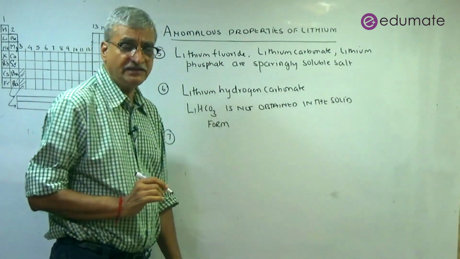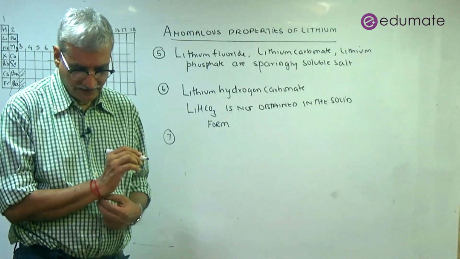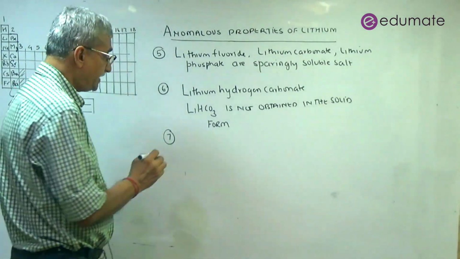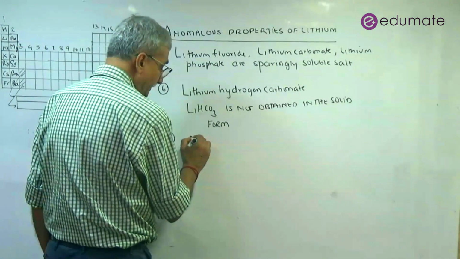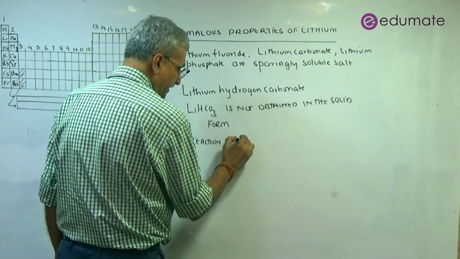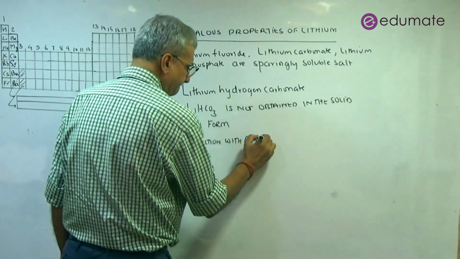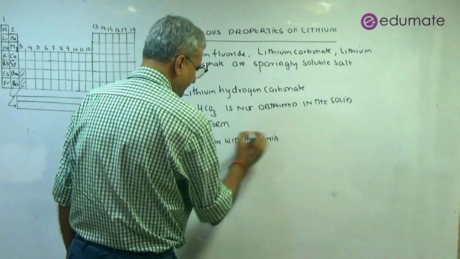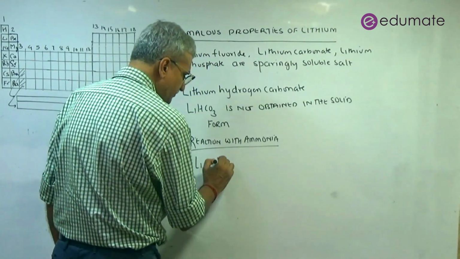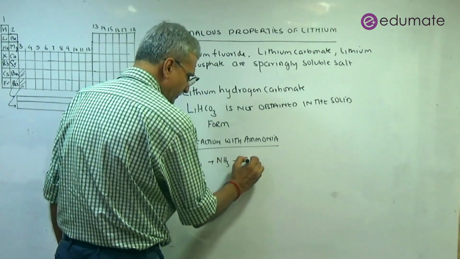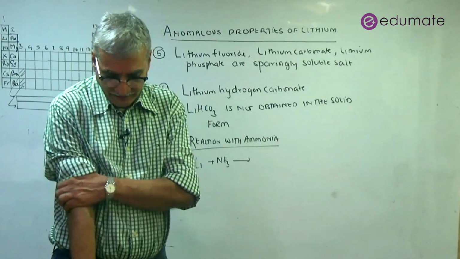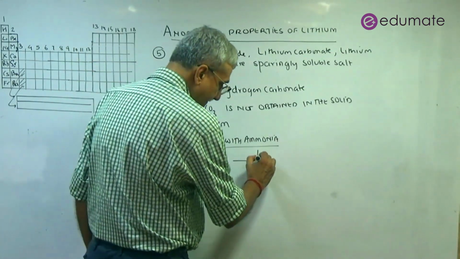When we come to the seventh point, that is reaction with ammonia. Reaction with ammonia is very important. See, when you talk about reaction with ammonia, what happens? Lithium reacts with ammonia to give a compound lithium imide. So the formula will be Li2NH.